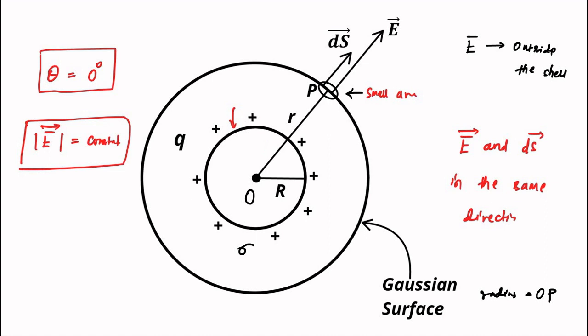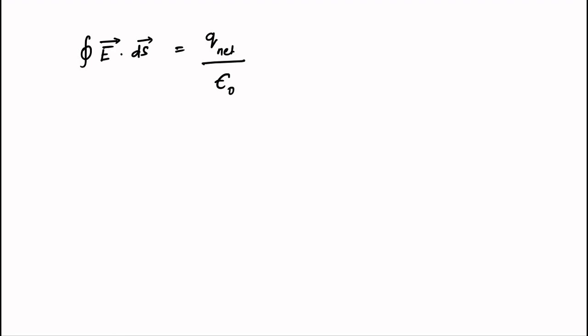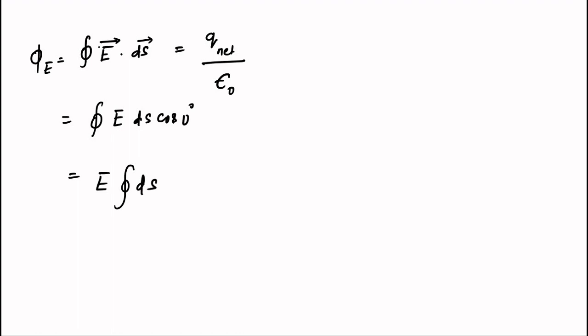So now taking the electric flux, this is equal to the closed surface integration of E ds cos 0 degree. Electric field is constant, so E goes outside, and we have the closed surface integration of ds.